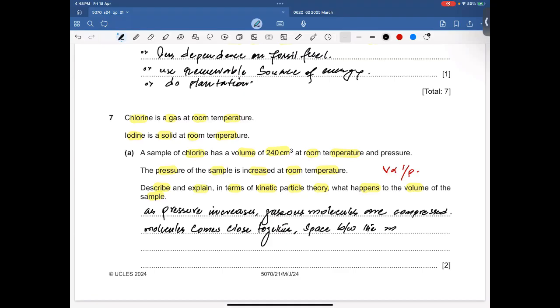Space between the molecules decreases. So if the space between the molecules decreases, obviously volume also decreases.